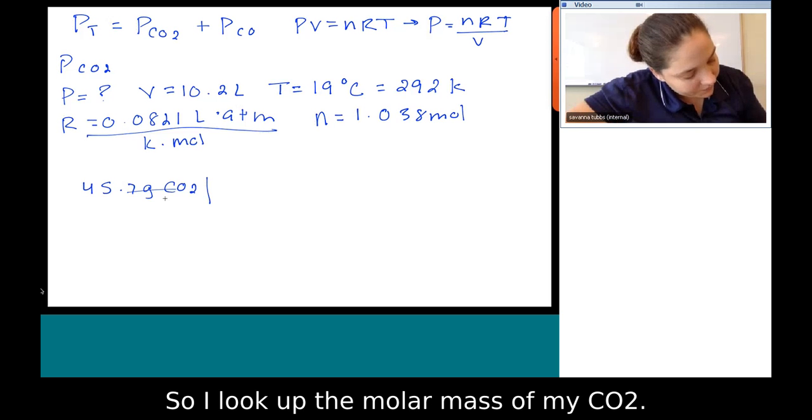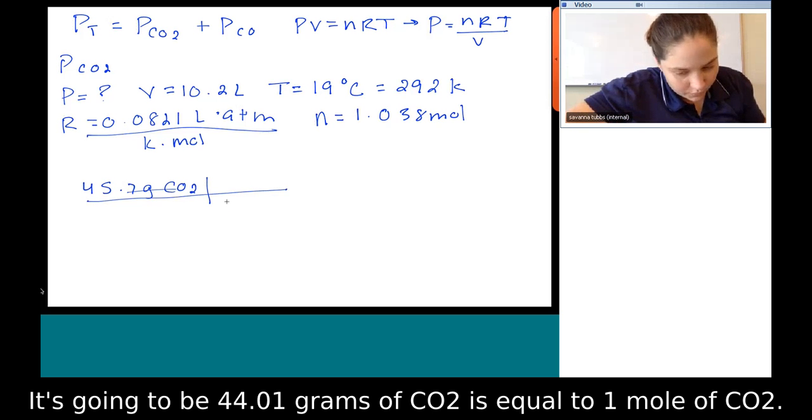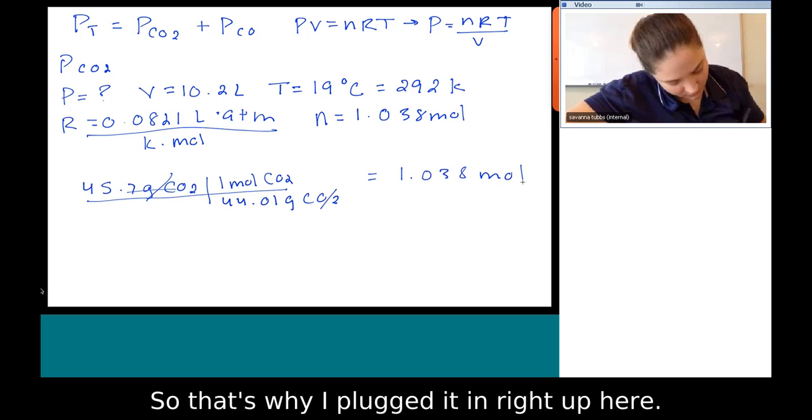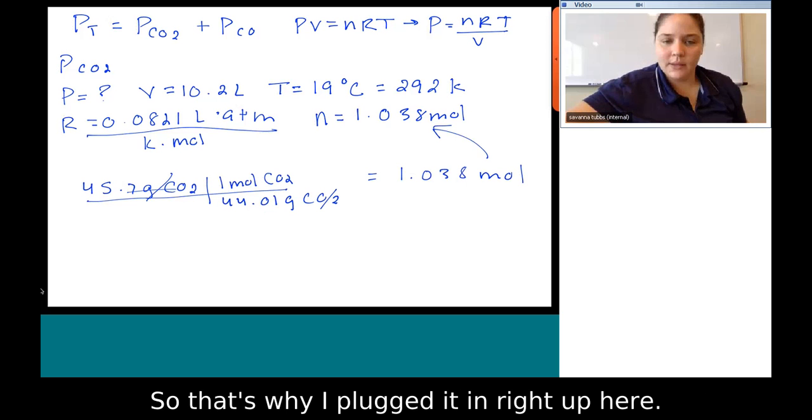So I look up the molar mass of my CO2. It's going to be 44.01 grams of CO2 is equal to 1 mole of CO2. So our grams will cancel out, and we end up with 1.038 moles. So that's why I plugged it in right up here.